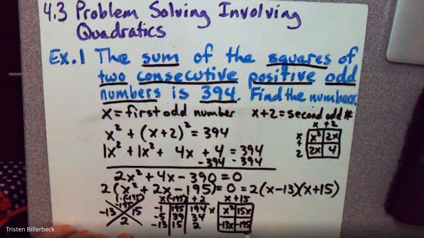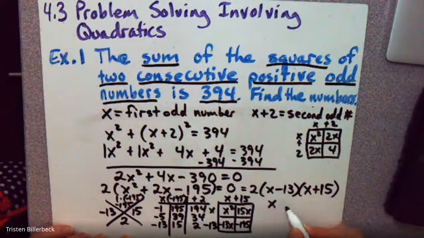And then this greatest common factor is negative 13, because 13 times 15 is 195, and 15 times 13 is 195. So that's where we got our x minus 13, x plus 15, directly off these diagonals. So this only works when the leading coefficient is 1. When it is not 1, we need to use this box.